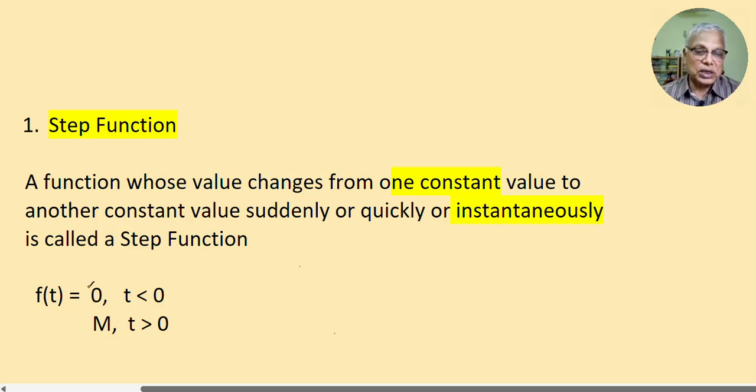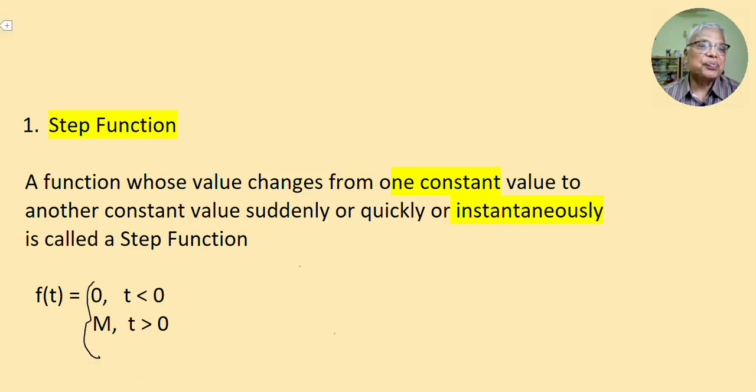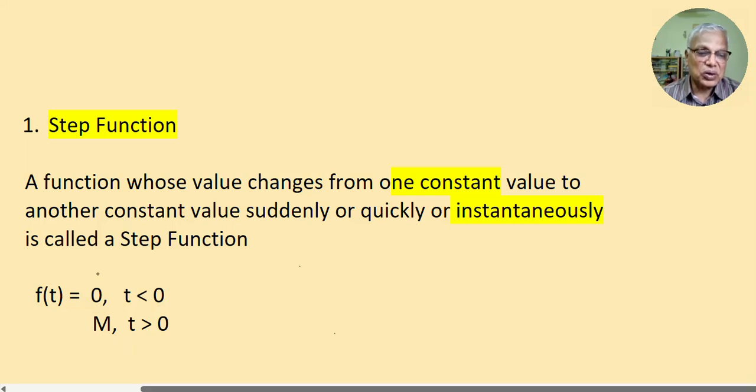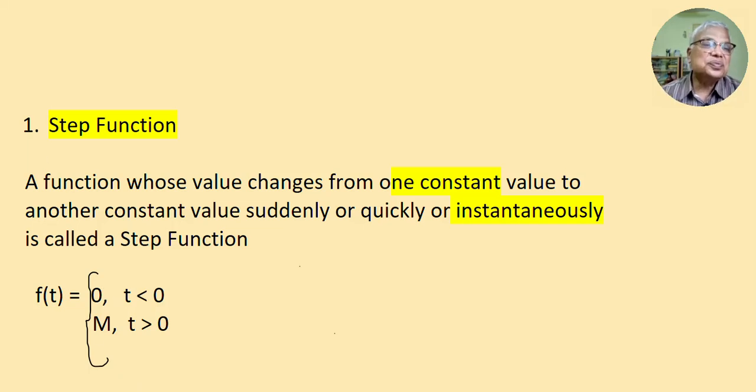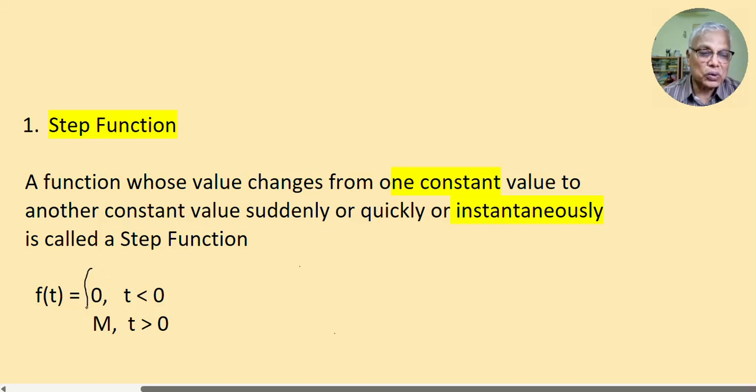So these are the two values of the function: one is 0 for t less than 0, and for t greater than 0 it becomes m.